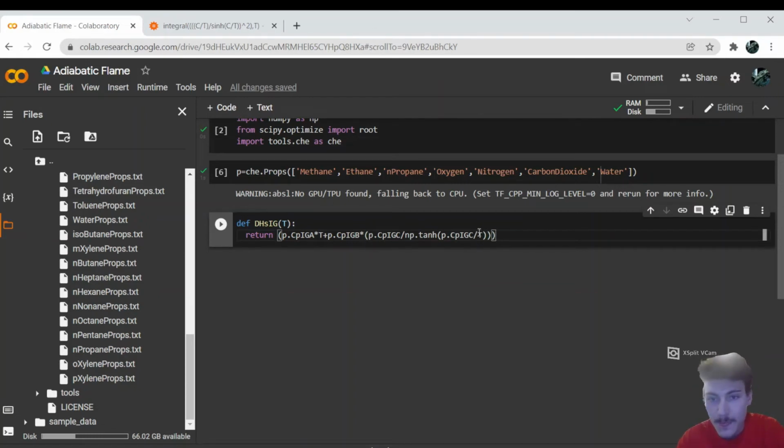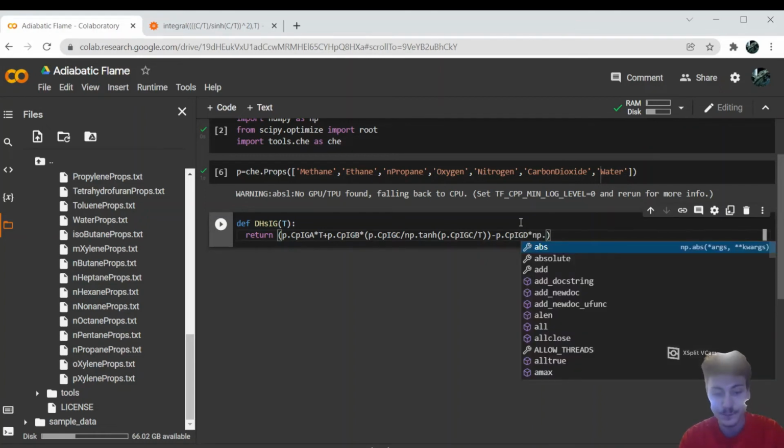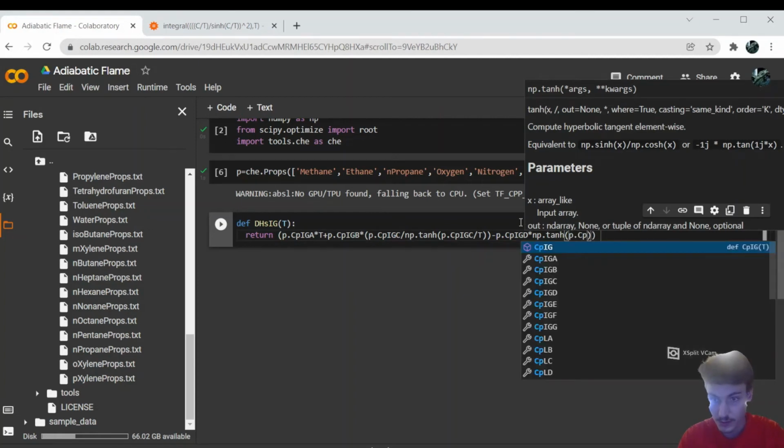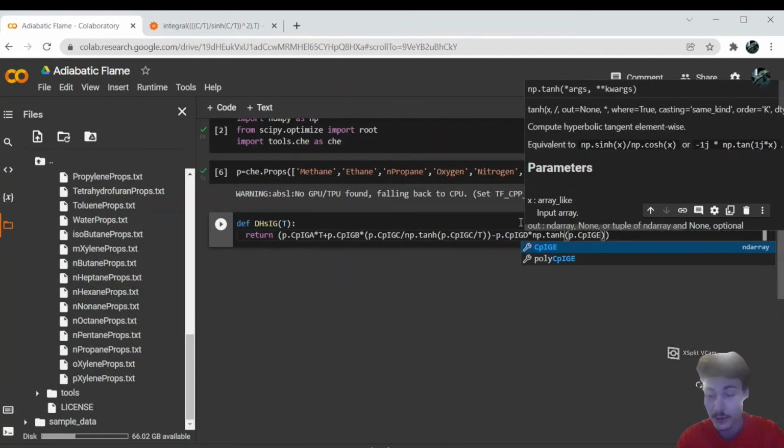And then this was minus the D coefficient times the same thing, so CPIG D times, and then this one was just straight up tangent, so I already put multiplication, so np dot tanh of P dot CPIG E coefficient divided by temperature. Yes. Make sure that's right. Yeah.